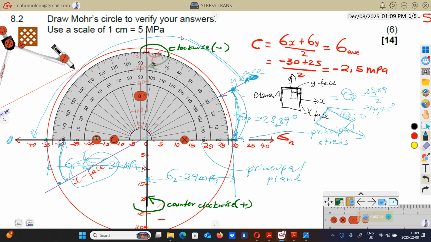It is anti-clockwise. So how much is this angle? You check here: 0, 10, 20, and so on, 90. You move like this, 150. This is 151. So the angle from here up to there is 151 degrees.